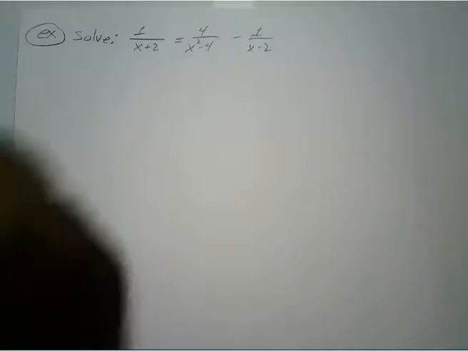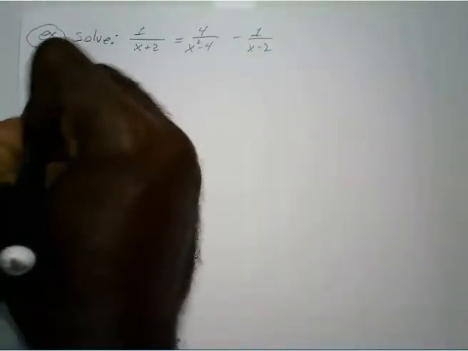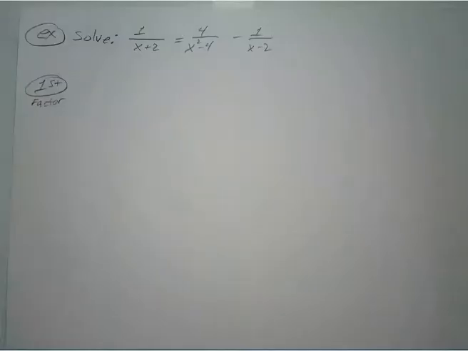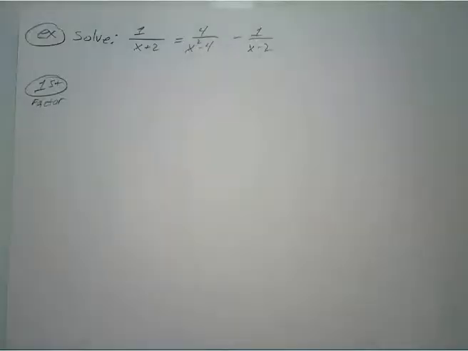Remember, our first step is we're going to factor all of our numerators and denominators if necessary. Let's clean up that 1 a little bit so it looks more like a 1. There we go.